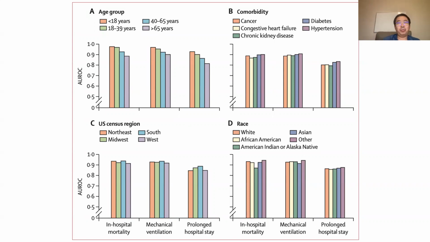Maybe for some groups it's harder to predict, or maybe some groups lack sufficient data. But at least we show that that's what we have. I think there's a lot of opportunity to mitigate the bias and make the model more equitable.